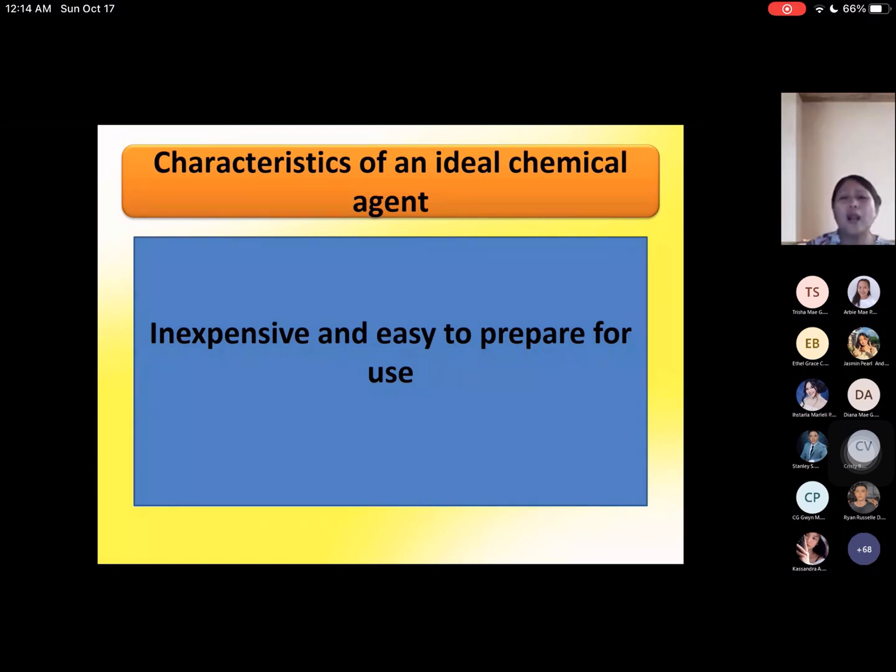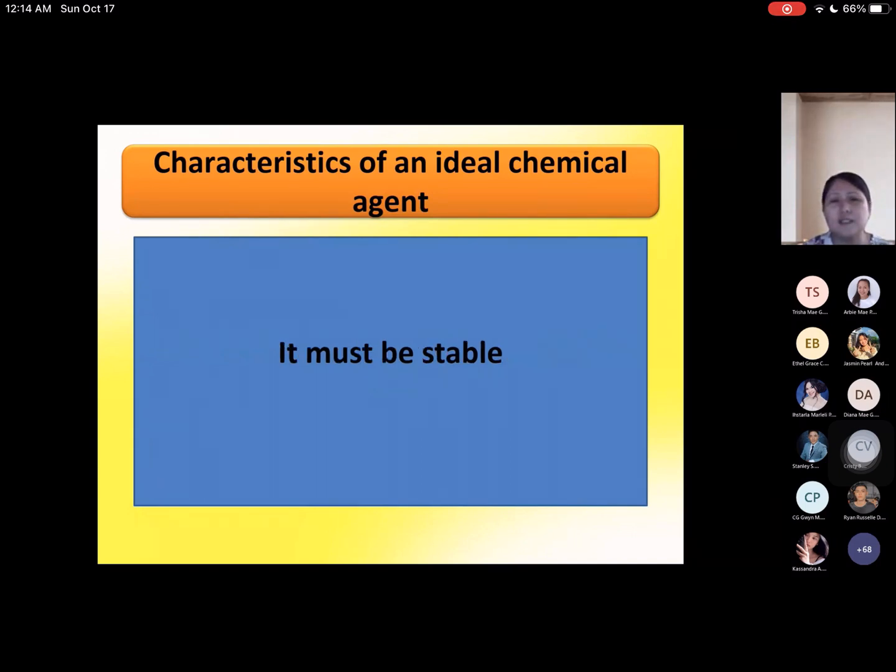There are chemical agents that are effective and inexpensive. Of course, branded chemical agents are more expensive than those not branded. You can use Clorox instead of Lysol, right? Because Lysol is more expensive. So you have to choose wisely when using these chemical agents.